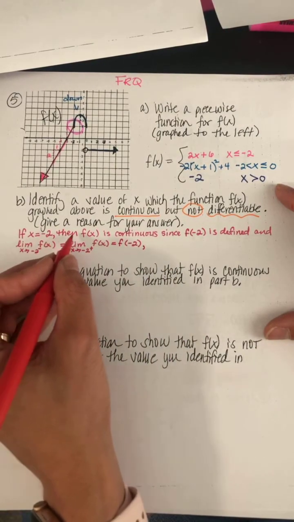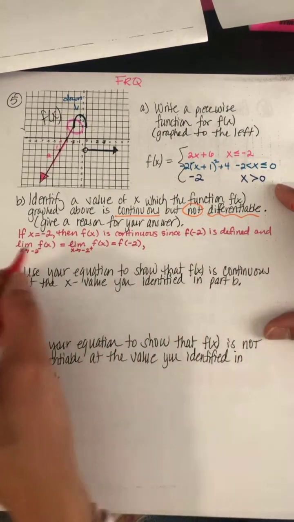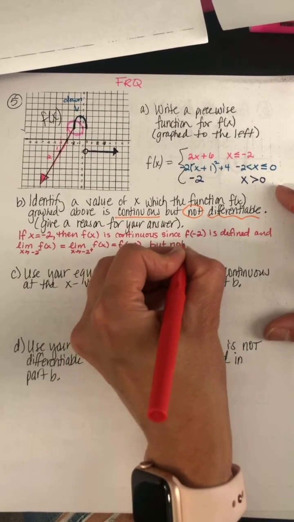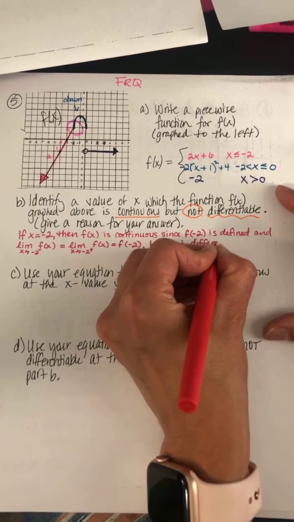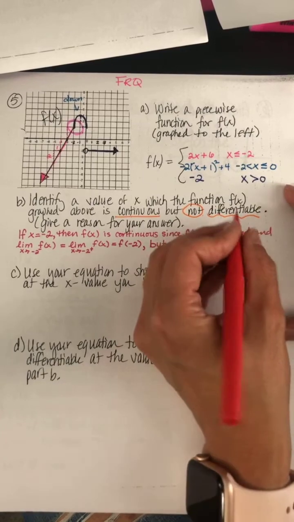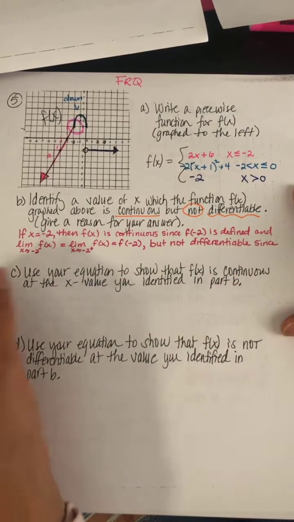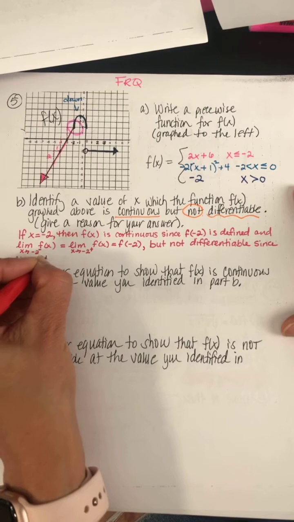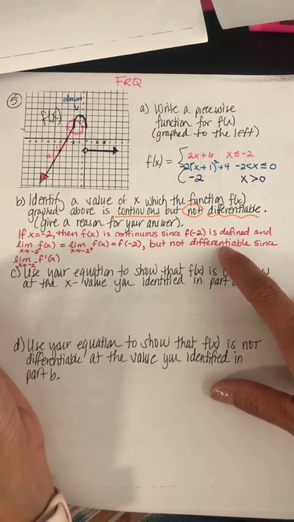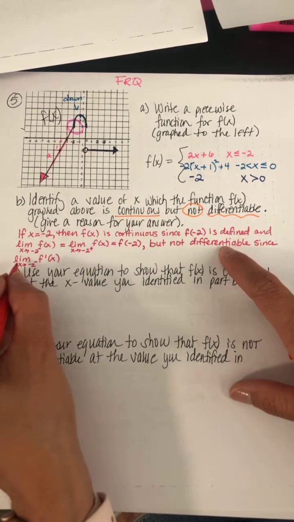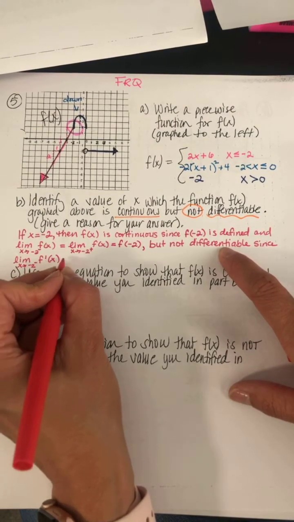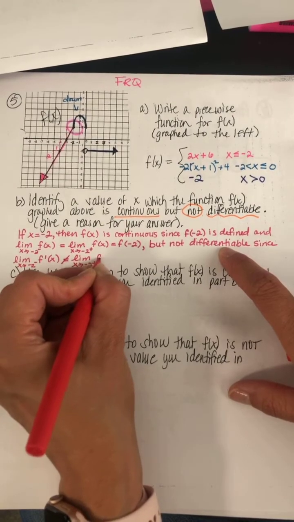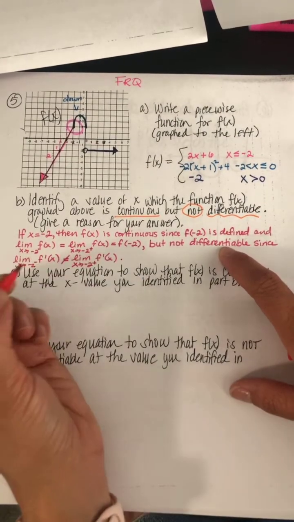So if x equals -2, then f of x is continuous since f of -2 is defined and the limit exists at -2, but it's not differentiable since, or you could put because, the limit as x approaches -2 from the left of f prime of x does not equal the limit as x approaches -2 from the right of f prime of x, and then period. Now since we're talking about differentiability, we're talking about the slopes, the derivatives.